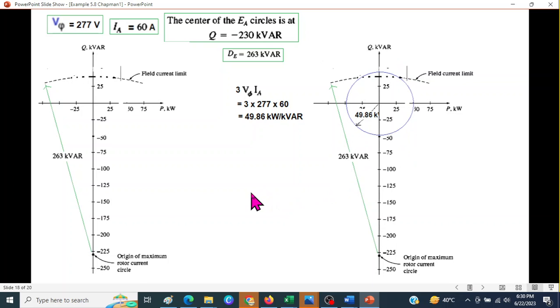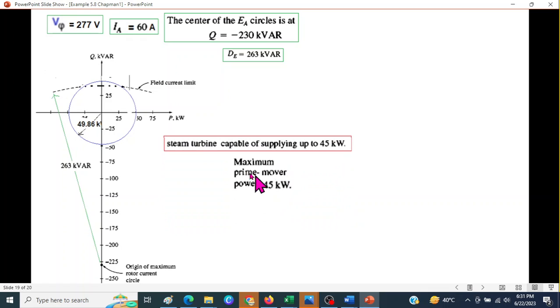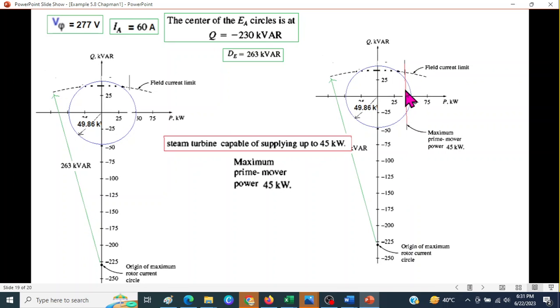So let's incorporate the prime mover limit first of all. The prime mover is capable of supplying 45 kilowatt. This is given in the question. So we have to draw a barrier here at the 45 kilowatt line. So we drew this line.